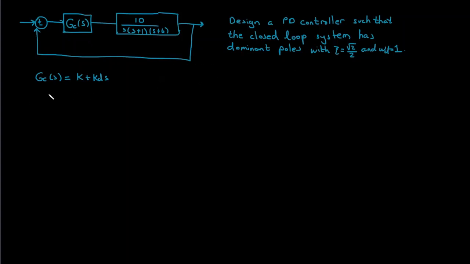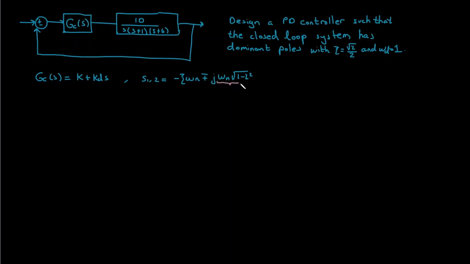We can write down the desired pole location as well, because in an underdamped response, pole locations are, as you already know, minus psi omega n plus minus j omega n square root of 1 minus psi squared. This is also equal to omega d, right?